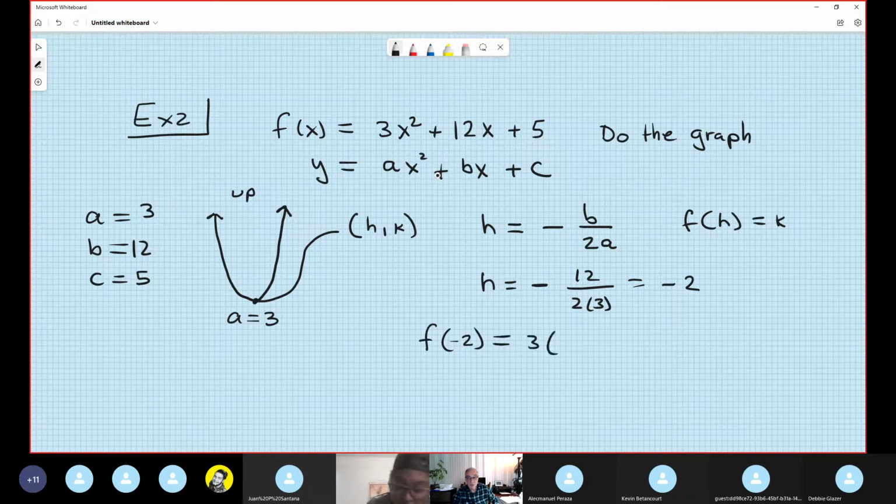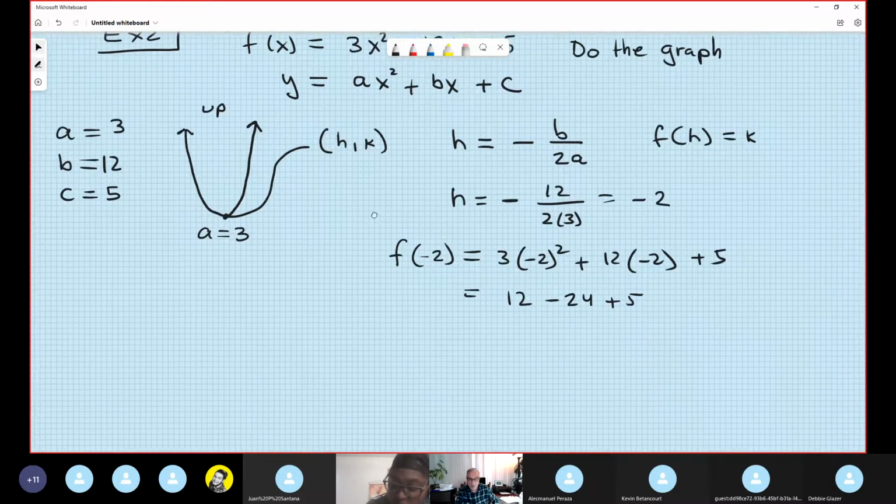We have 3 times negative 2 squared, plus 12 times negative 2, plus 5. Negative 2 squared is positive 4, and 4 times 3 is positive 12. Then 12 times negative 2 is negative 24, plus 5. So 12 minus 24 is negative 12, plus 5 is negative 7.